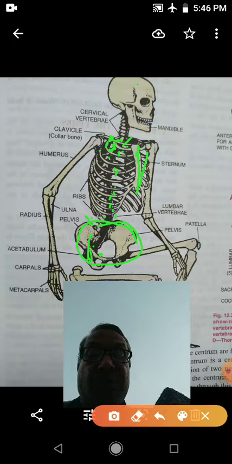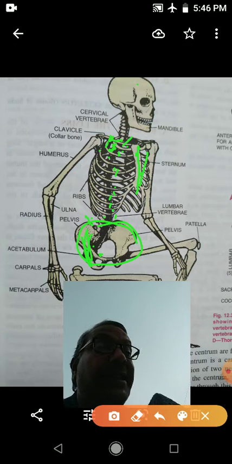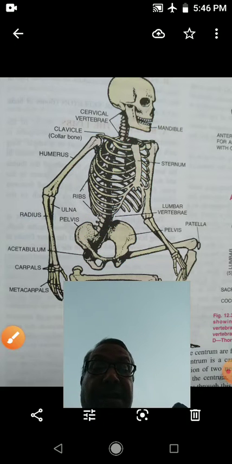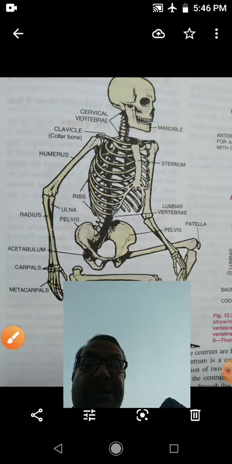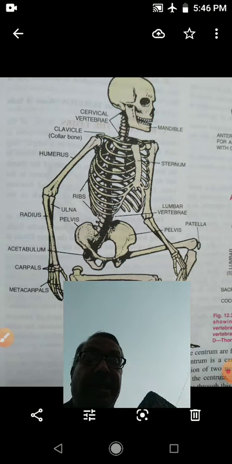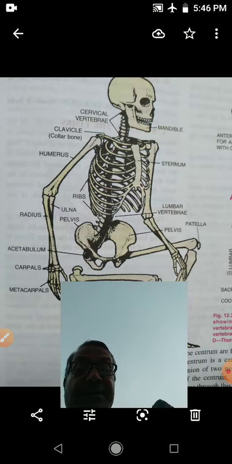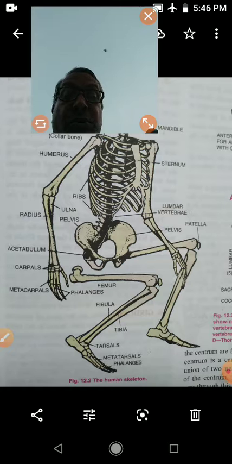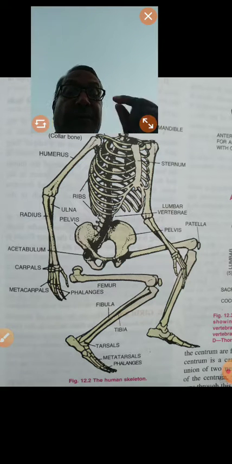These 3 bones are making the hip girdle. In the hip girdle there is a cavity present, that is called acetabulum. Head of the femur, the thigh bone, is going to fit in the acetabulum.